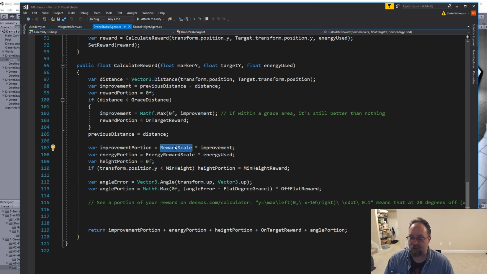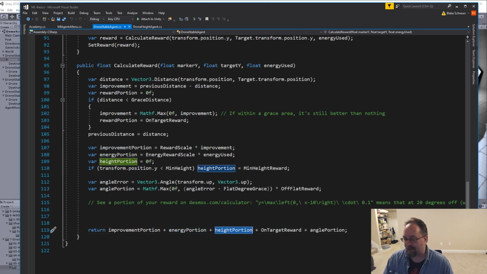Right now we're just saying 1 to 1, whatever the improvement is, that's the base reward that we're giving. From there, we add the energy portion. This energy portion is how much energy you've used, and that's a max of the 4 thrusters. The highest one is the most energy you've used, and that gets multiplied by the energy reward scale.